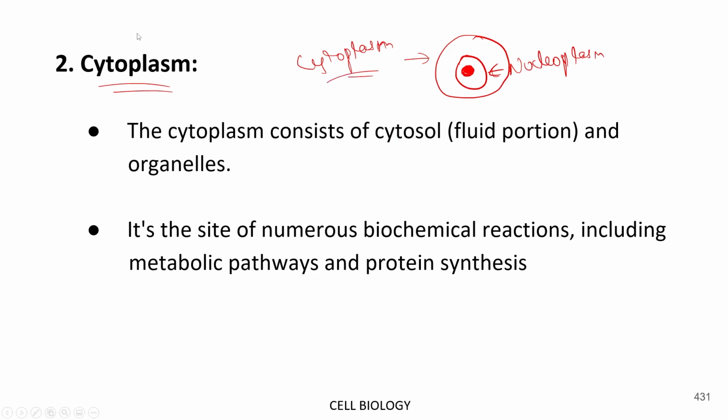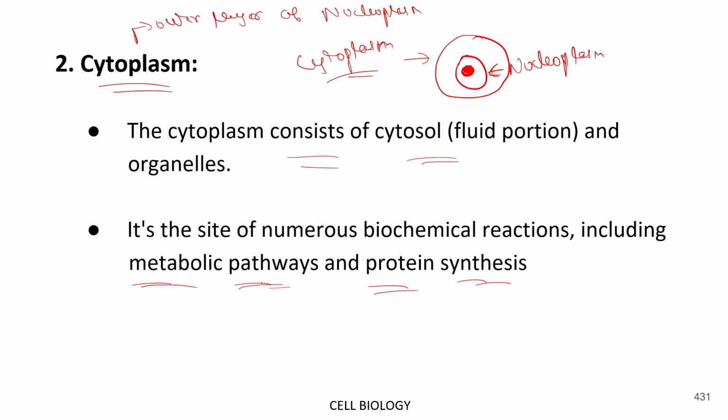So cytoplasm is the outer layer of nucleoplasm, and it consists of cytosol, which is a fluid protein, and organelles. It is a site of numerous biochemical reactions, including metabolic pathways and protein synthesis. Just write down these words. I will tell you later about their meaning.